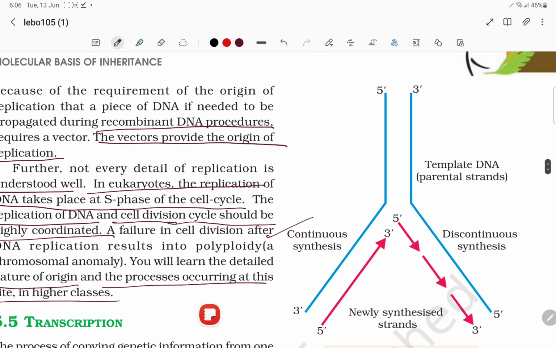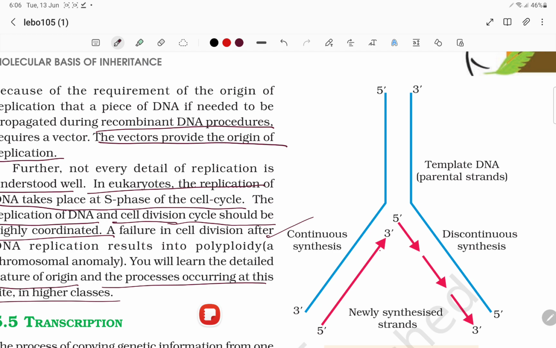So this is 5' to 3'. Here this is always the continuous strand, and this is the discontinuous strand. Always the product formed will be 5' to 3', and the template will be 3' to 5'. So two enzymes we have seen.